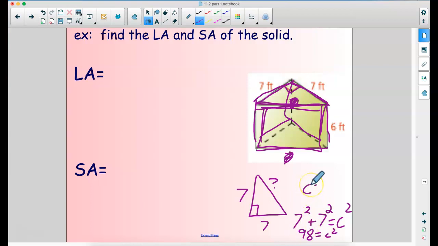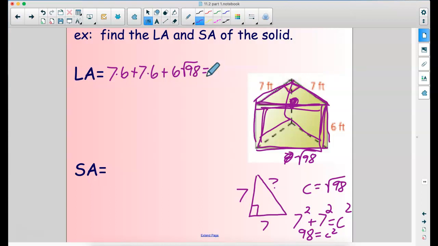So c is the square root of 98. So that side is the square root of 98 times 6. So we've got 7 times 6 plus 7 times 6 plus 6 times the square root of 98.